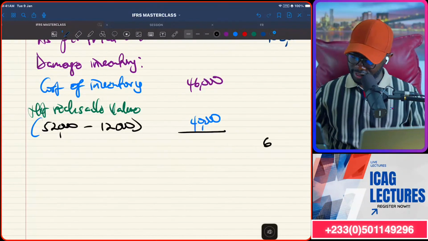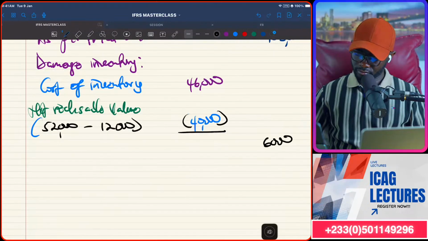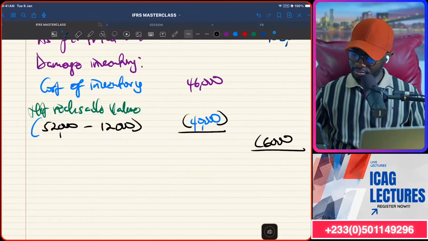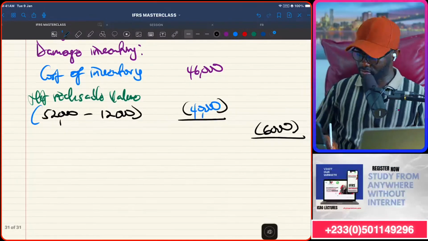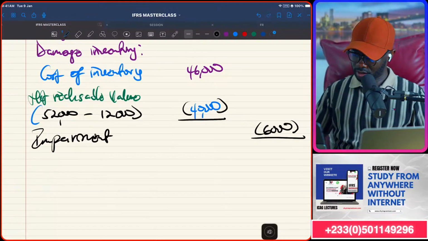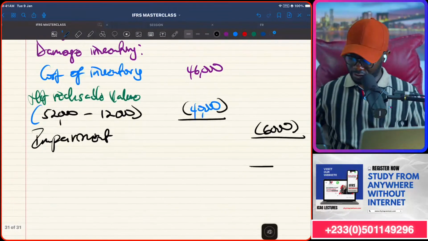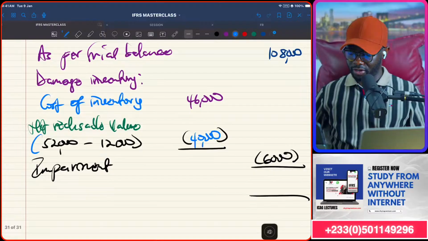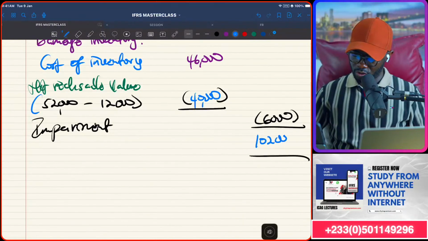So there is a 6,000 impairment, so that it will be deducted from above, and the value of the inventory will now be 102,000.